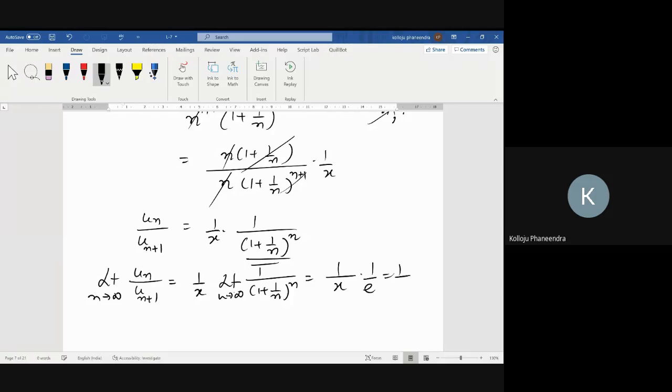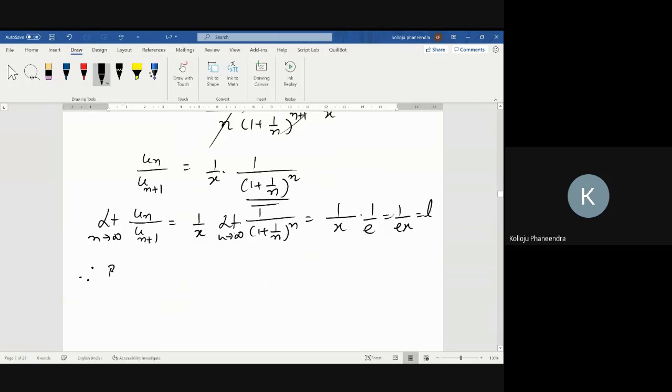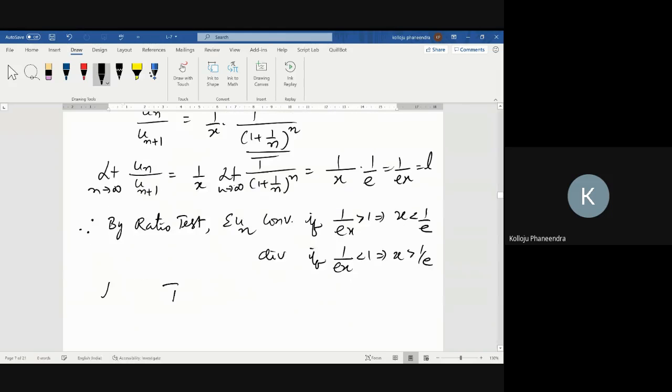So 1 by ex is the value of L. Therefore, by the ratio test, sigma un is convergent if L is greater than 1, 1 by ex greater than 1, so x less than 1 by e. And divergent if 1 by ex less than 1, that is x greater than 1 by e. Test fails, ratio test fails.